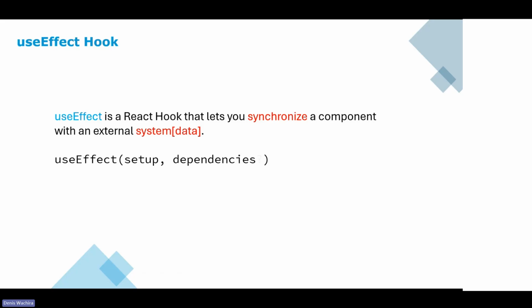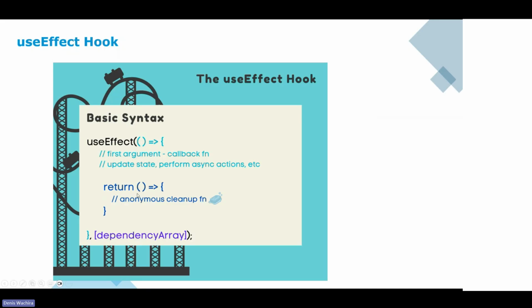If you are fetching data for users, the dependency for that useEffect should be users, to make sure it only runs again when there is a change in the users' data. So the basic syntax is what we do.